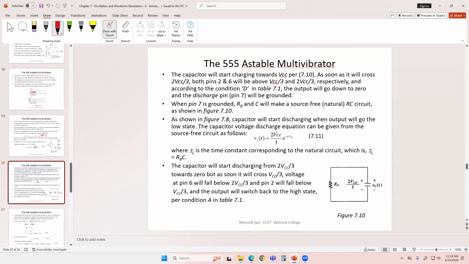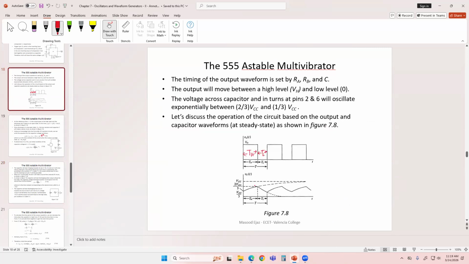RB and C will make a source-free natural circuit as shown here: RB, C, and then of course a ground. Capacitor is going to start discharging. It already has the voltage 2 VCC by 3 accumulated. So this voltage is going to run a current through the resistor RB and it will start discharging through RB. When it is discharging, it will hit VCC by 3.